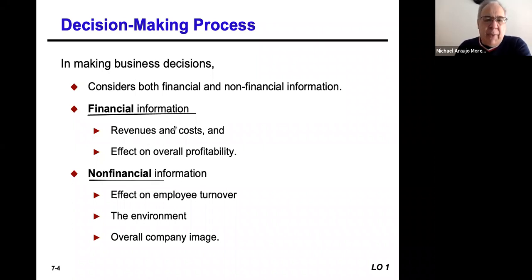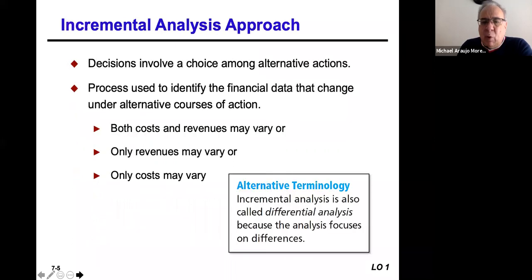There's no doubt about that, it is important stuff. But it needs to be balanced in essence with the effects on employees and the turnover rate, which is how quickly they're quitting and you need to replace them, is really what turnover is. The environment, the overall company image that you have, and how you want to keep it. All very, very important. Okay.